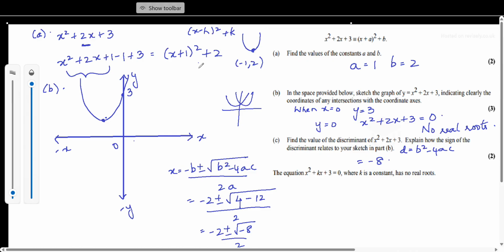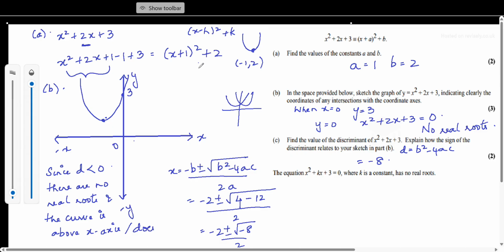Explain how the sign of the discriminant relates to your sketch in part B. All we have to say is since D is less than 0, that is, it's negative, there are no real roots and the curve is above the x-axis or doesn't cut the x-axis.